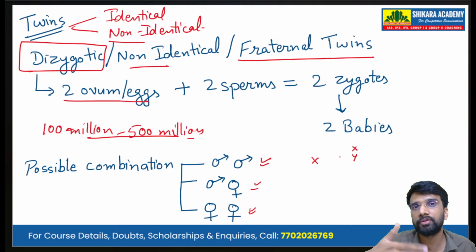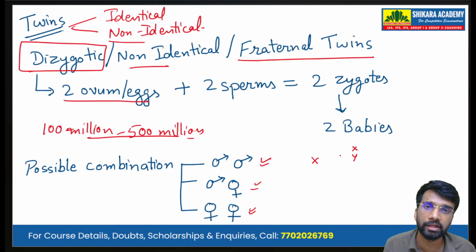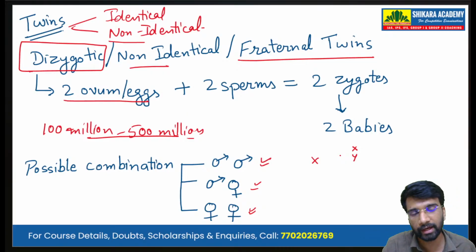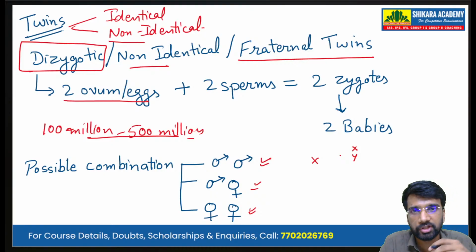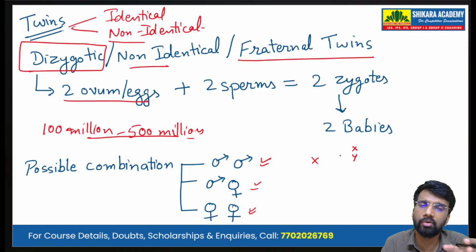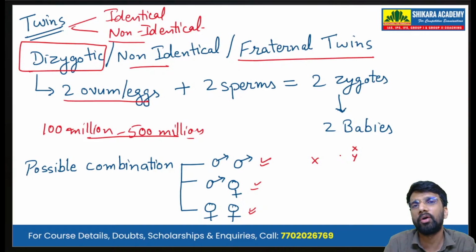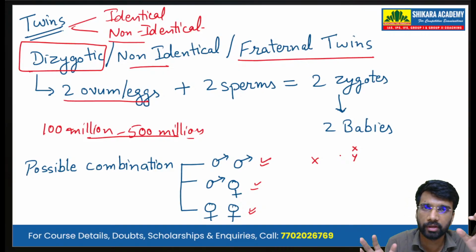So depending on which sperm, containing either X or Y chromosome, fuses with the ovum or egg, we determine the sex of the child. The dizygotic twins or non-identical twins are just like any other siblings, the only difference being that they are born at the same time.